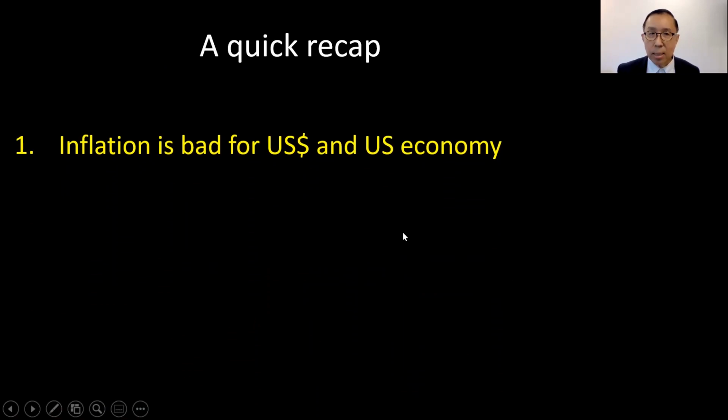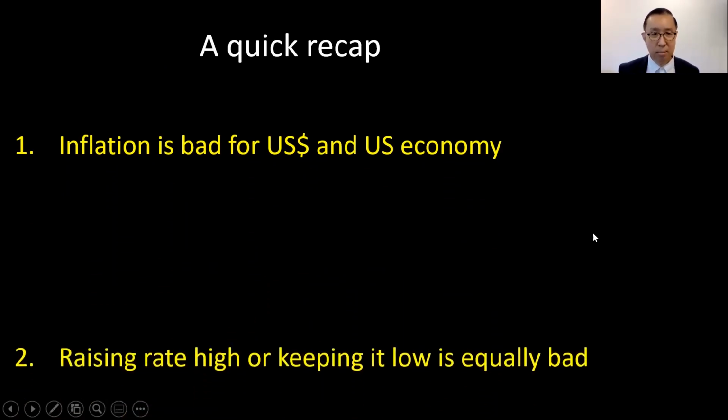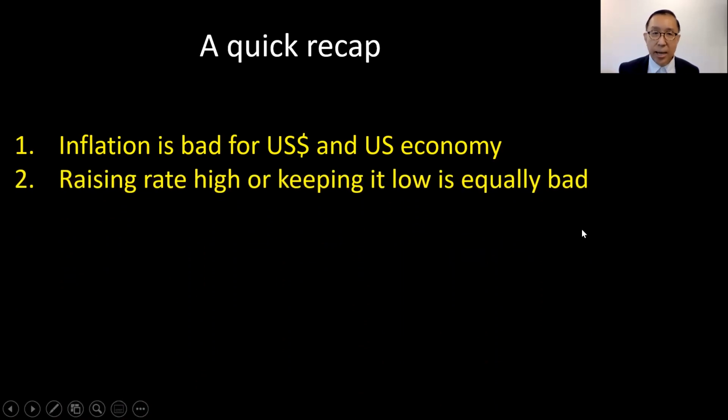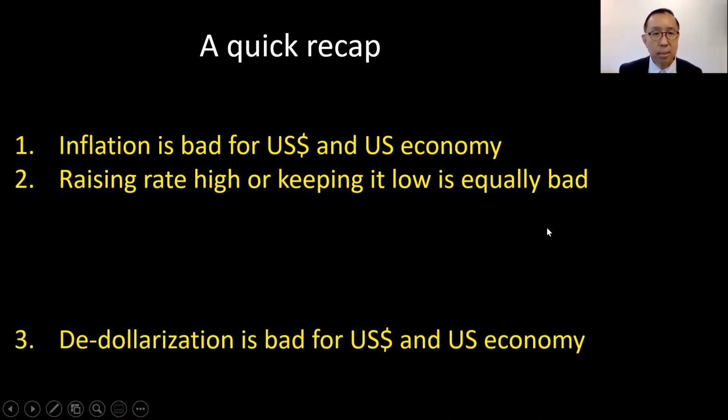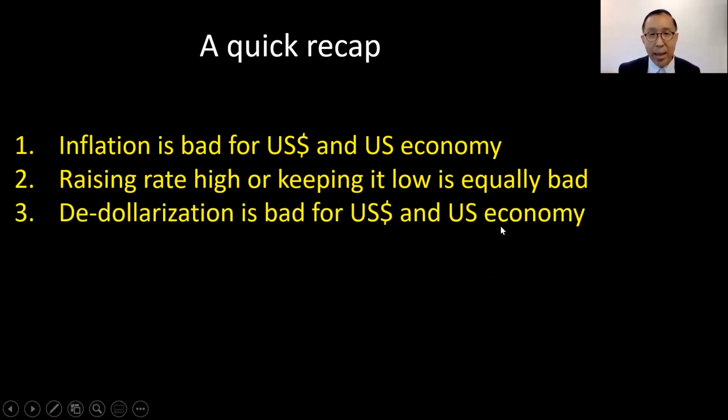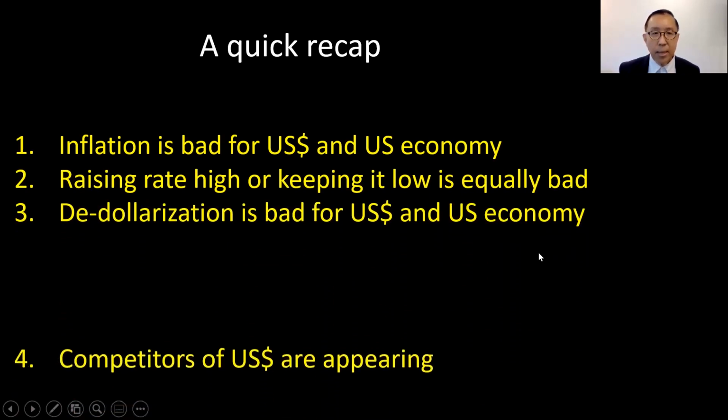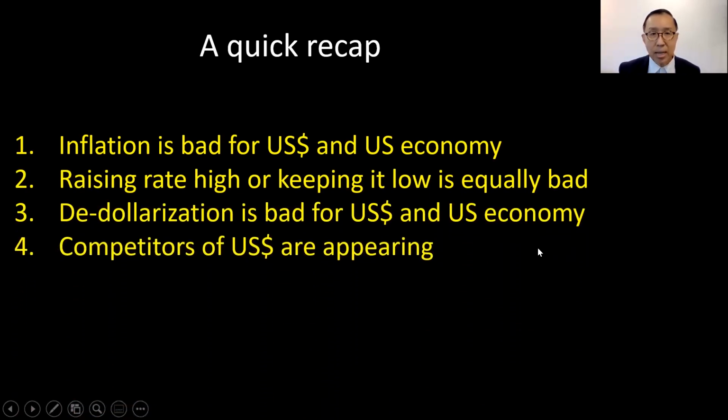Number one, inflation is bad for the US dollar and the US economy. Raising interest rates high will be bad. Keeping it even at 3% is equally bad. De-dollarization is bad for the US dollar and US economy. And there are competitors coming.